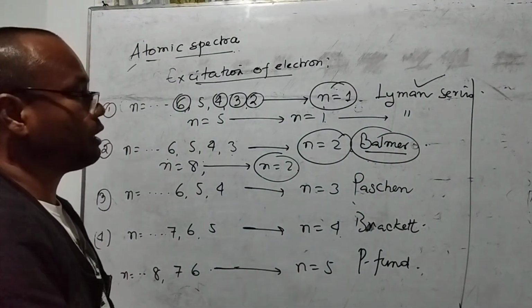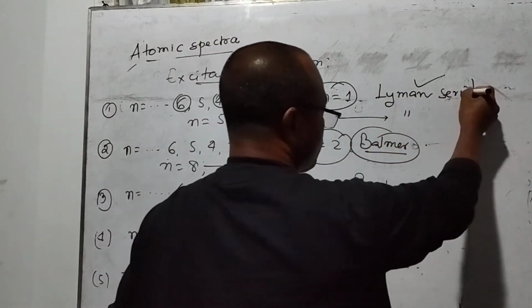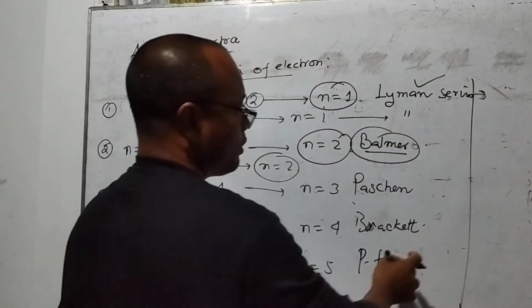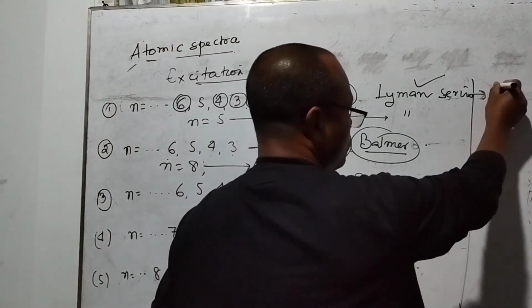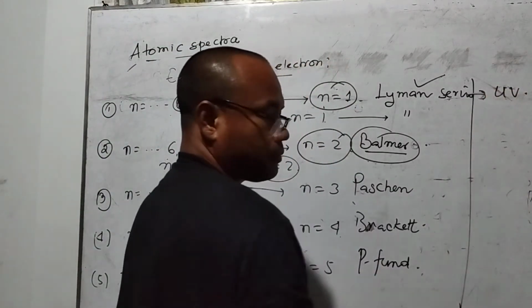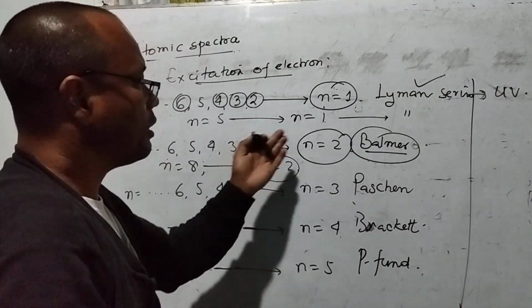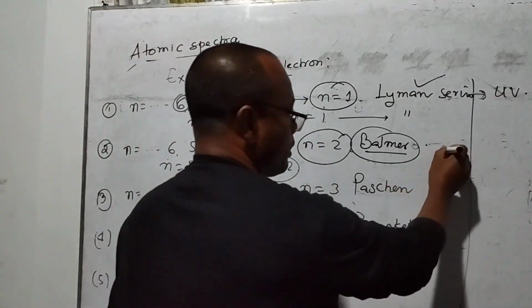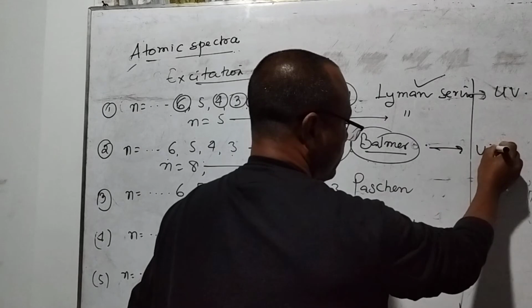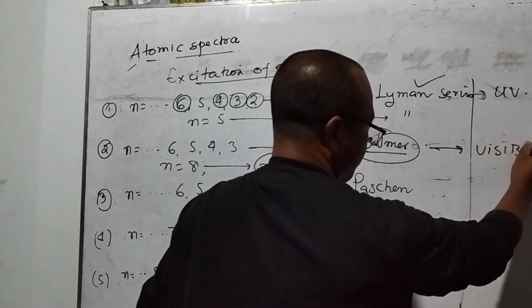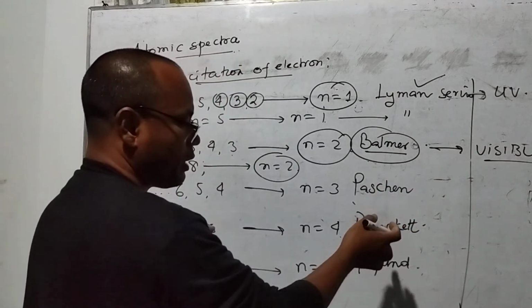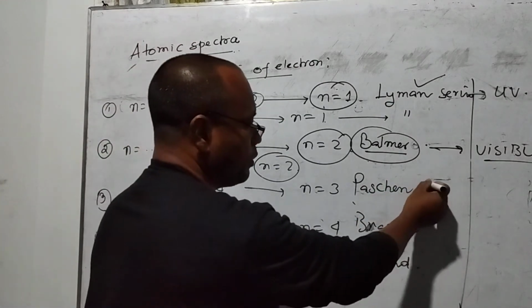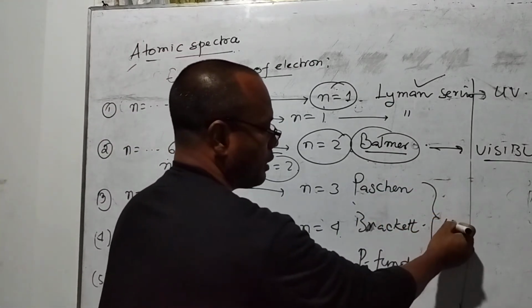After we found that, the frequency of the Lyman series corresponds to UV light, right? And similarly the Balmer series frequency corresponds to visible light, and the Paschen, Brackett and Pfund series are all in the range of IR.